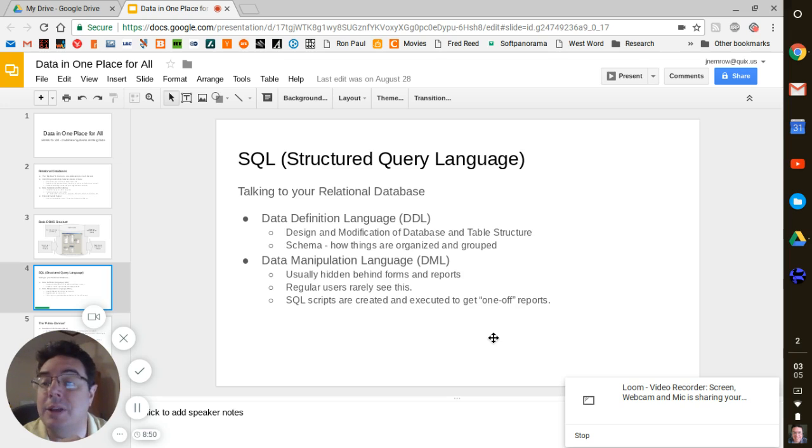Everything is typically ordered by a schema, and which database you use determines what schema everything fits into. It's the overarching concept things are based on.